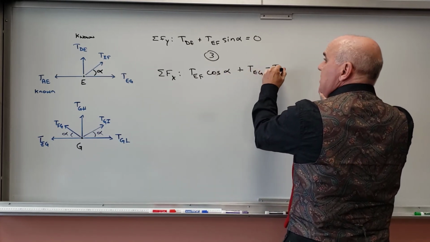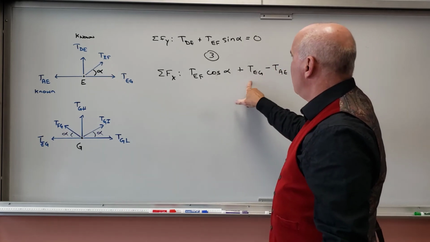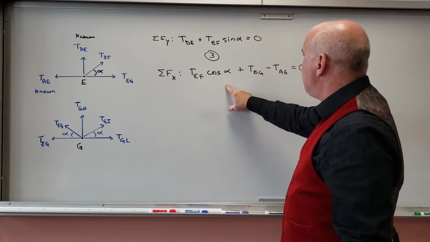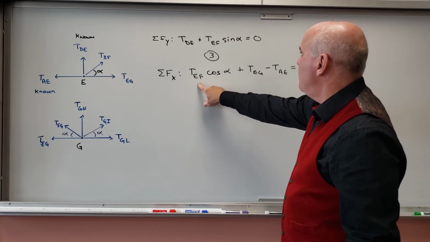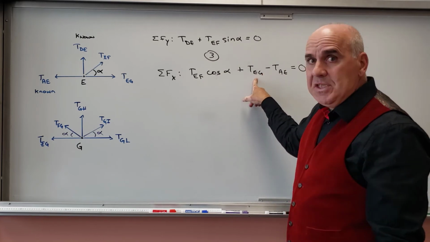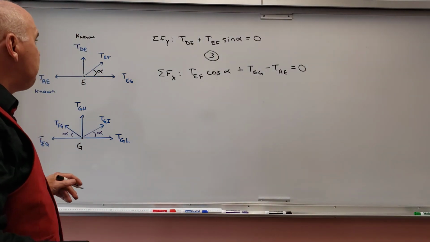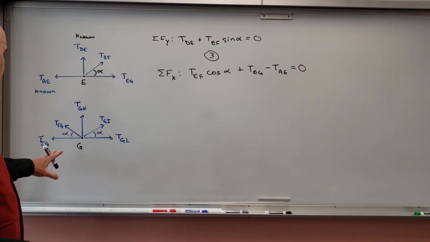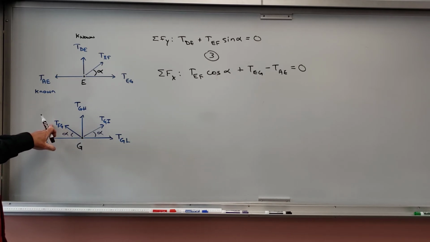So this is known, this is known, and TEG is the only unknown in this equation, so I can solve for TEG. So TEG I now know.